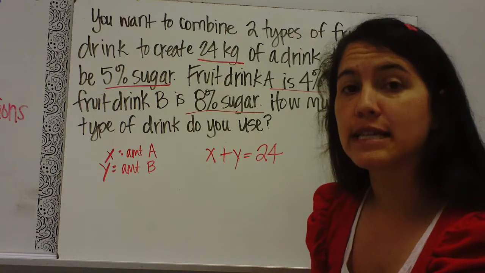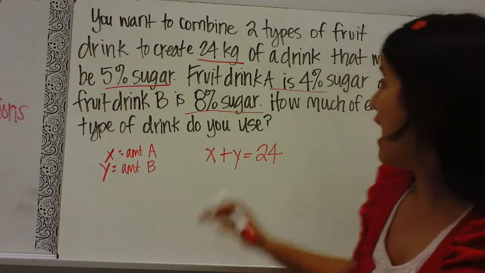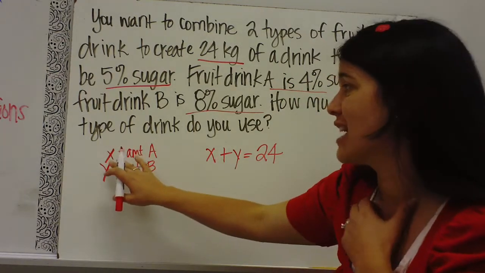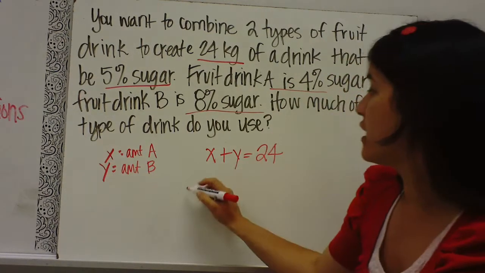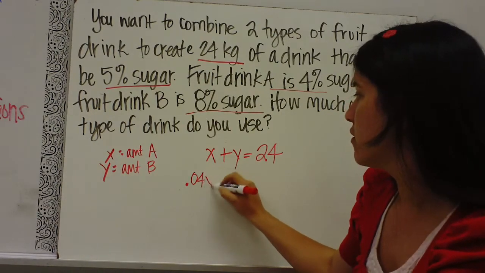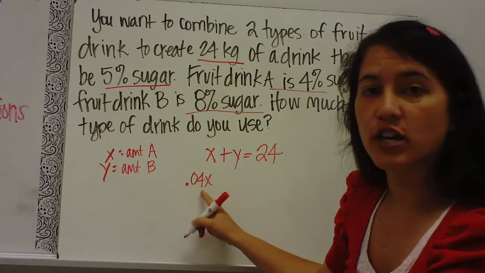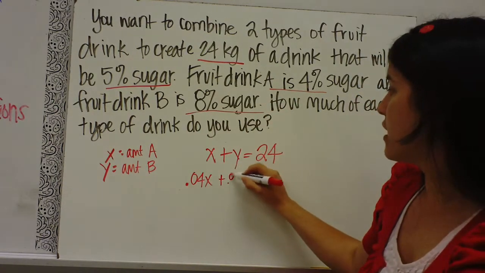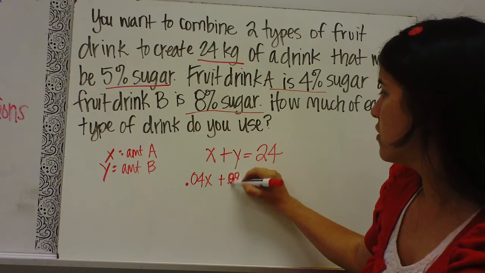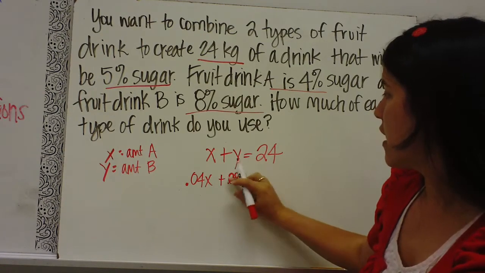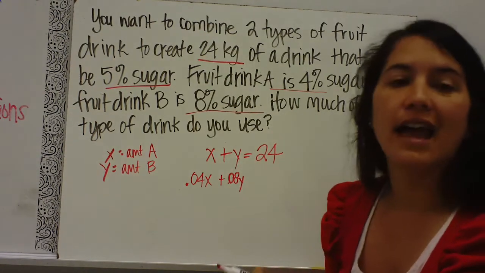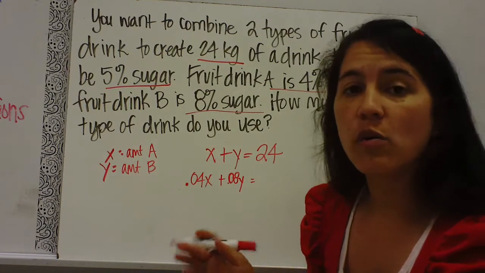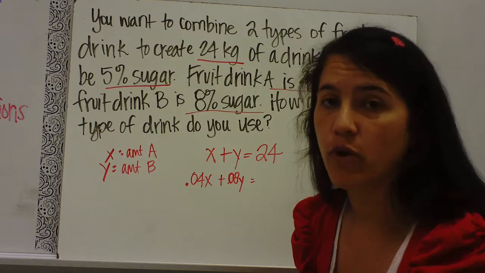Now we have to use these percentages. Drink A has 4% sugar, so in front of x, because that's drink A, we're going to write 4% as a decimal, 0.04. Plus drink B has 8%, so 0.08y. That is going to equal how much sugar we want in our total.